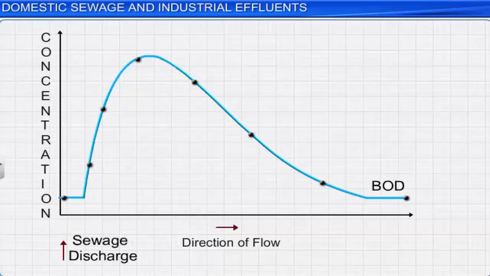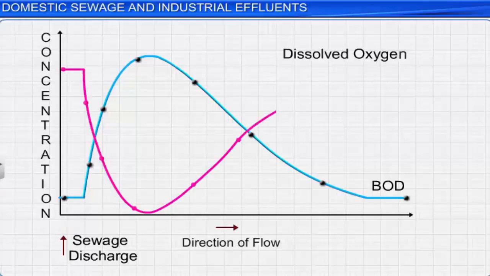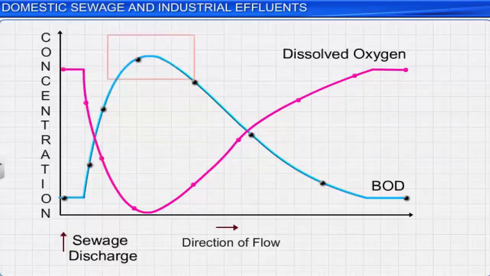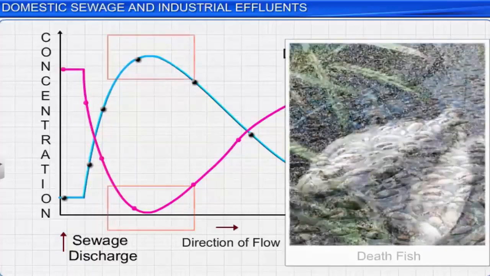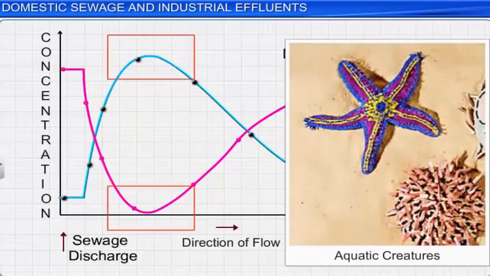A high concentration of BOD automatically translates into low amounts of dissolved oxygen or DO as depicted in this graph. High BOD and low DO ultimately cause the death of fish and other aquatic creatures.